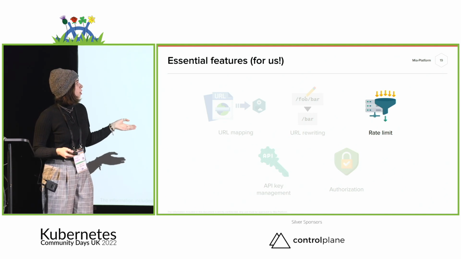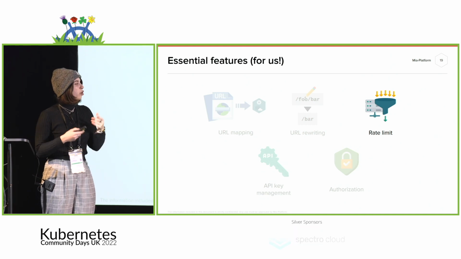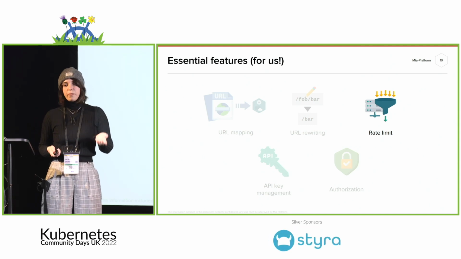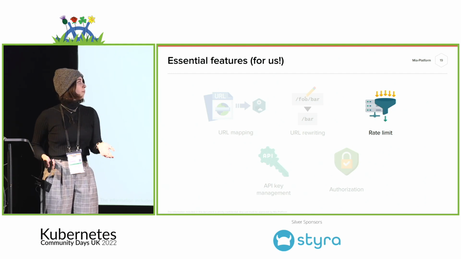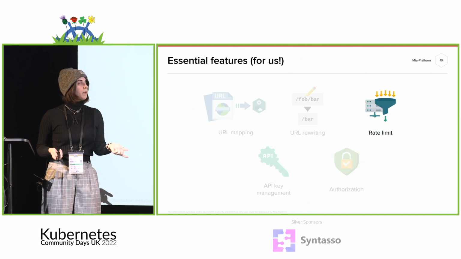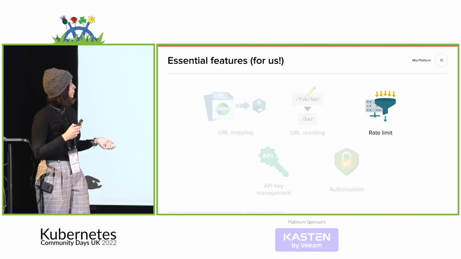So, for example, the number of times a user can reload a single page. We can say that a user can reload the login page 1,000 times per second. And if this threshold is exceeded, the user will receive a 429 error code.